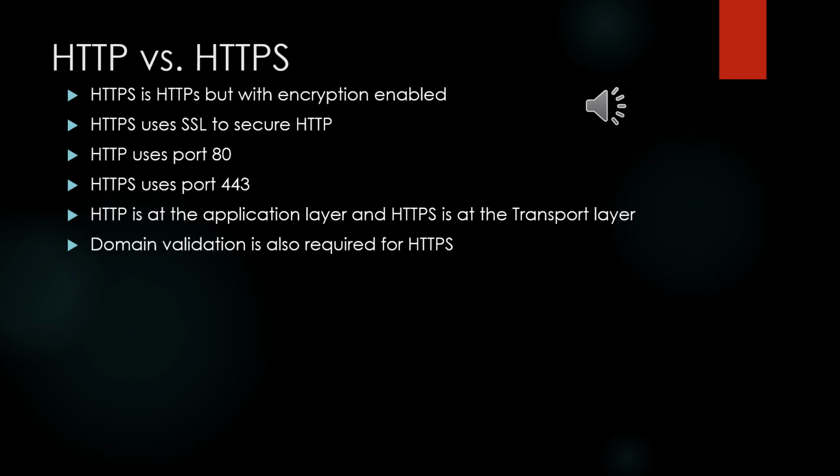For HTTPS, something that is required is domain validation, and that is why many people love to have this enabled, because if that domain is not validated, then that user will not be able to access that domain.